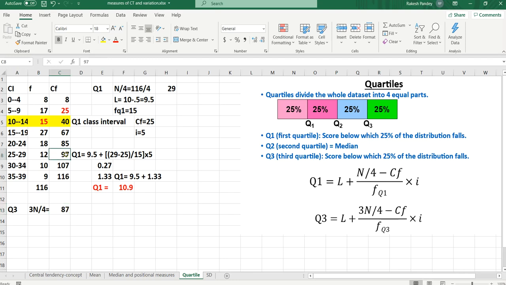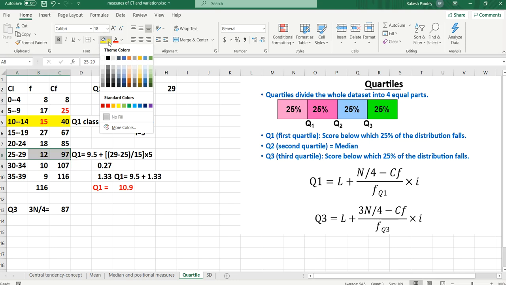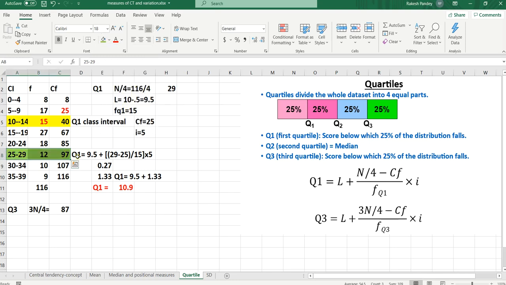So in this class, the 86th to 97th values are lying. So we can label this class, let us set it in a different color. So this is the third quartile class. For the time being, I am moving this to this position, so you have this, and we can write this as Q3 class.